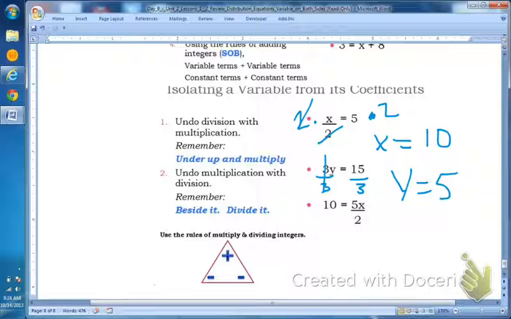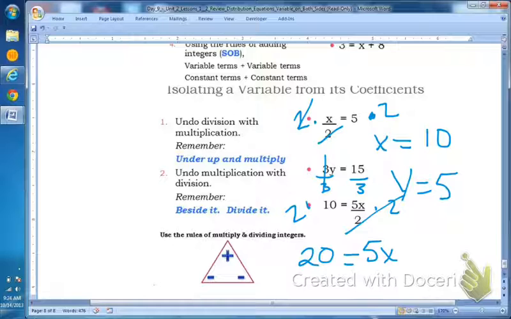Now, to get rid of those, we have to do one at a time. Which one goes first, though? The 2. Yeah, multiplication. You got to get rid of that 2 first, right? So if it's under, you move it up and we multiply. So we're going to multiply both sides by 2. The 2's cancel out. You have the 5x on this side. It stays that way. And 2 times 10 is 20.